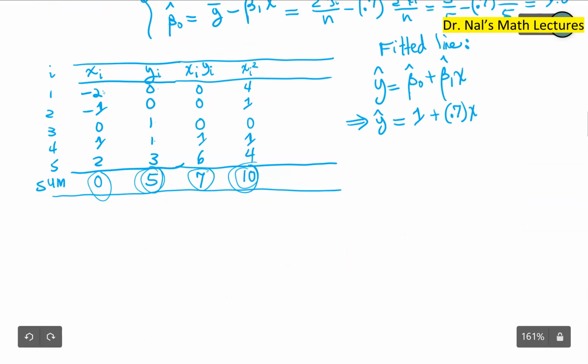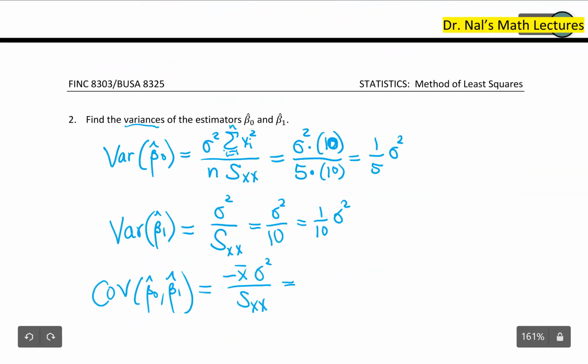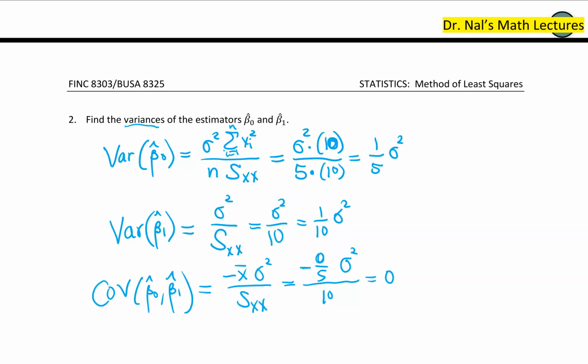X bar is the sum of x's, which is 0, divided by 5. So minus 0 over 5 sigma square, all divided by Sxx, which was just 10. But it doesn't matter, right? Because of that 0, everything will vanish. So the covariance between beta 0 hat and beta 1 hat is just 0, simply because x bar is equal to 0.